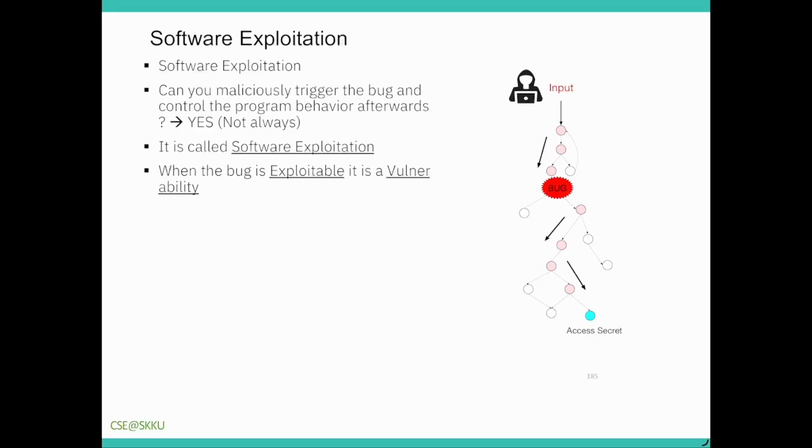But if you have low-level understanding, for example, if you have taken system programming at SKKU, if you have enough knowledge and some amount of creativity, you can exploit the software bugs to your advantage. Meaning you can maliciously trigger the bug and control the program behavior from that point on.